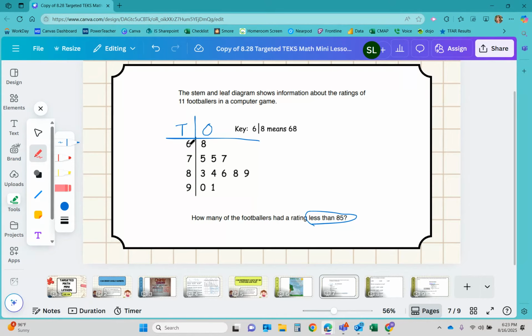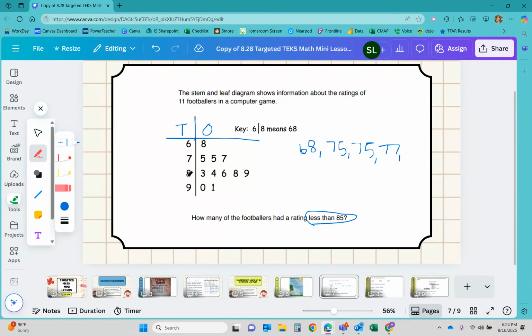So I have 6 in my tens place and an 8 in my ones place. So that's 68. And then I have a 7 in my tens place and a 5 in my ones, so that's 75. The next number is 75 because I have 2 5s there. The next number is 77.